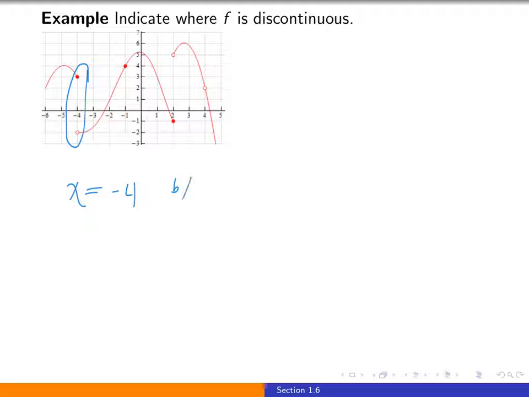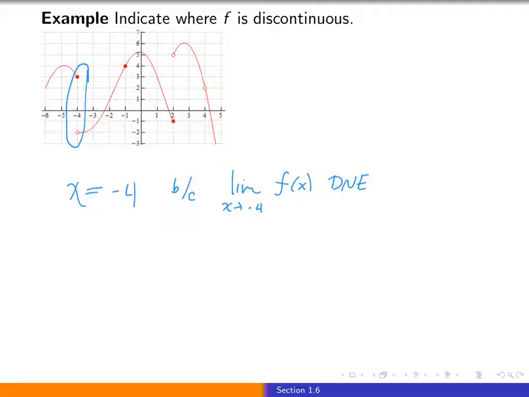The reason it is not continuous is because the limit as x approaches minus 4 of our function f does not exist. The reason this limit does not exist is because it's one value from the left and a second value from the right. So the limit itself will not exist.